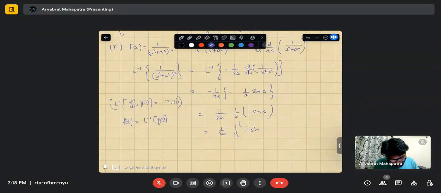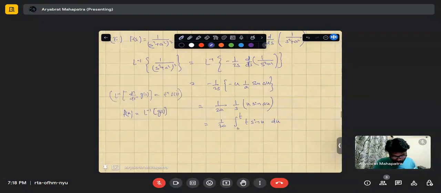So that is u sine au du. Okay, then you just have to do this integral, and you will see that when you do this integral, you get something of this.